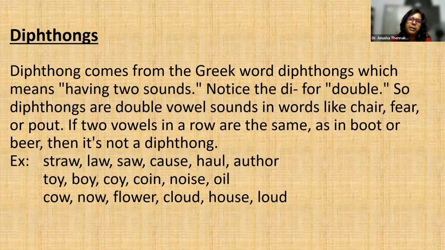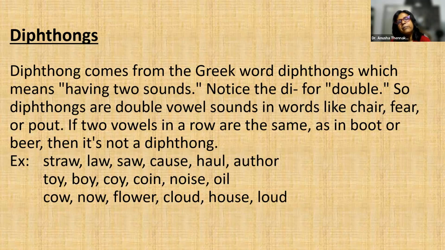That means you have to understand, to be a diphthong, the same vowel sound cannot be written twice. It should be different vowel sounds. For example, low sound. Correct? So, horse, hole, author, toy, boy, coin, like that.